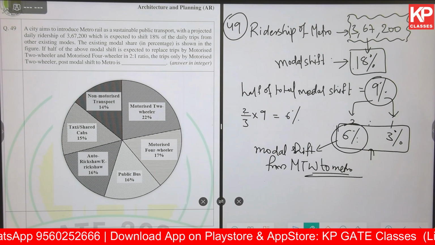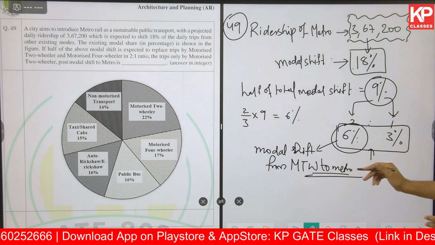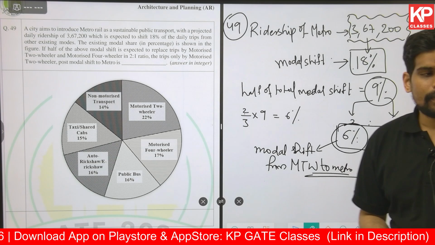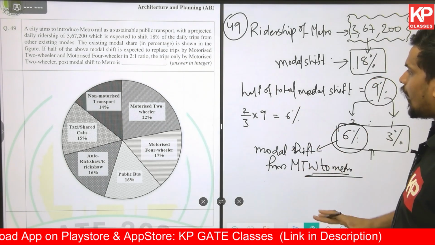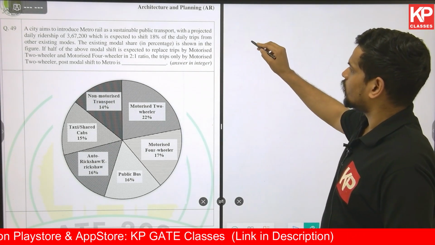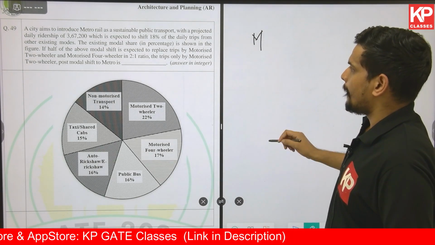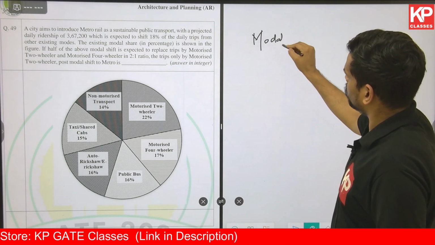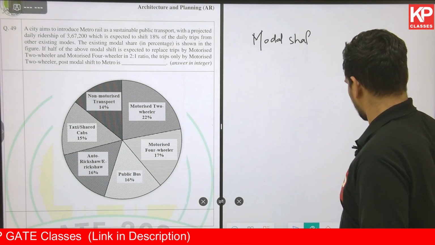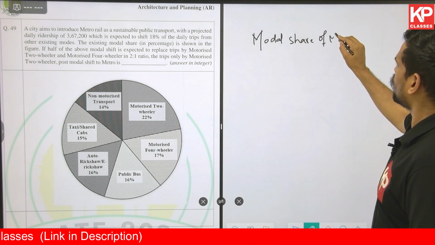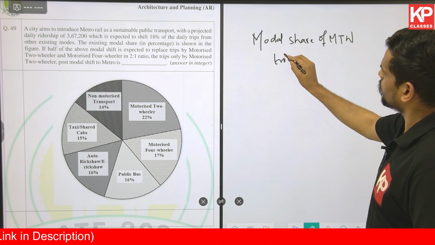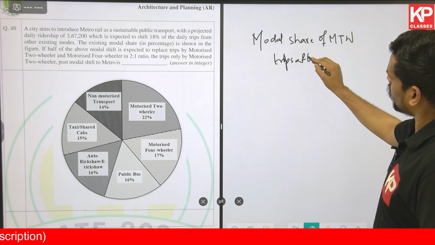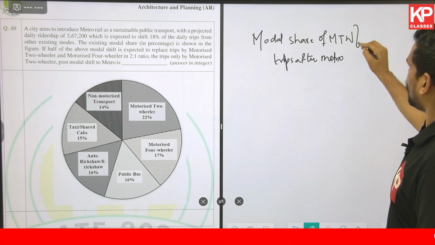So if 6% is the modal shift away from two-wheeler to metro, what will be the percentage in the final modal share of motorized two-wheeler trips after introduction of metro?